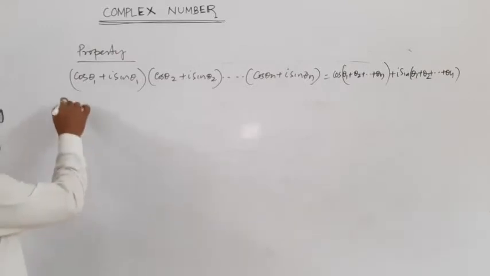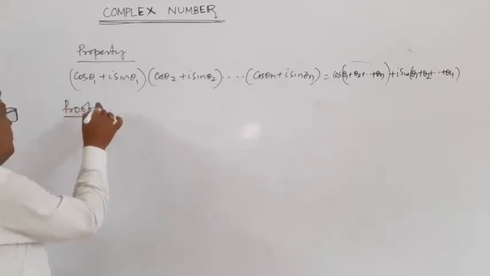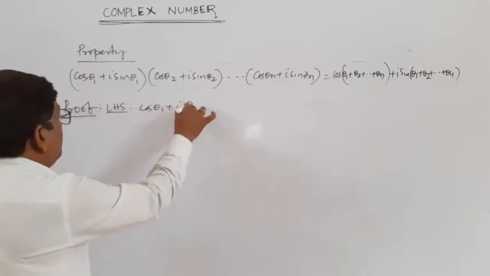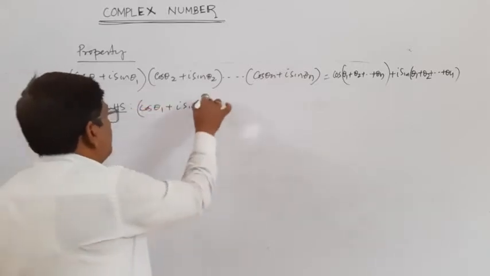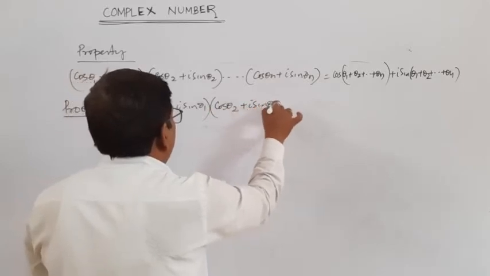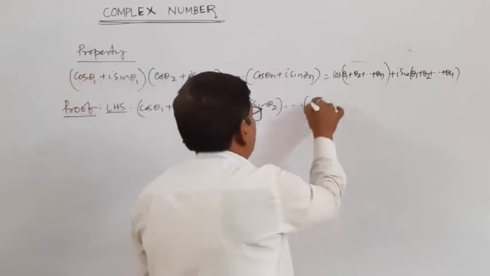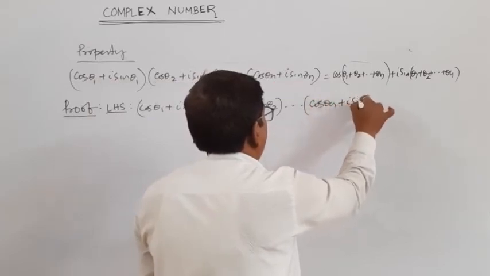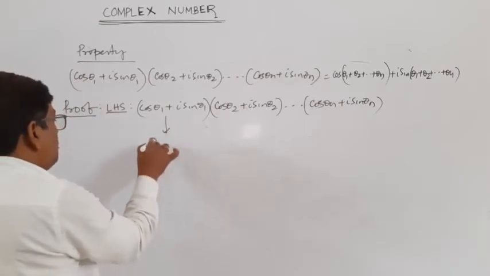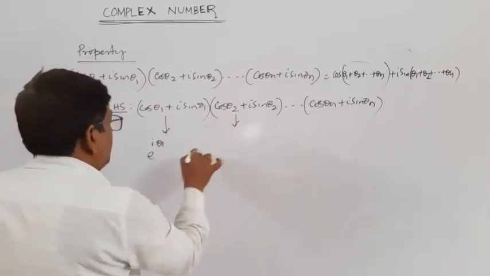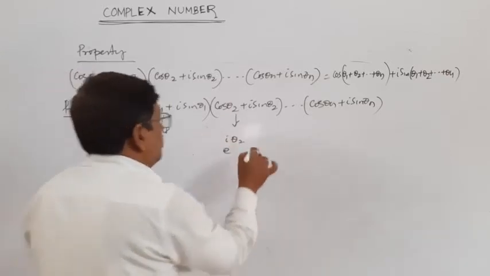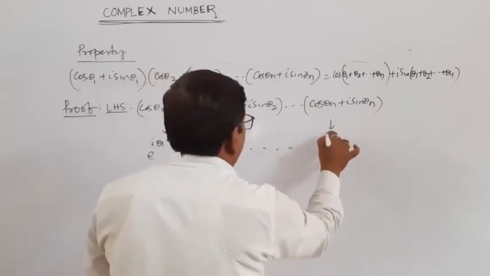Now proof. Left hand side: cos theta 1 plus i sin theta 1 into cos theta 2 plus i sin theta 2 up to cos theta n plus i sin theta n. This can be written as e to the power i theta 1, e to the power i theta 2, up to e to the power i theta n.